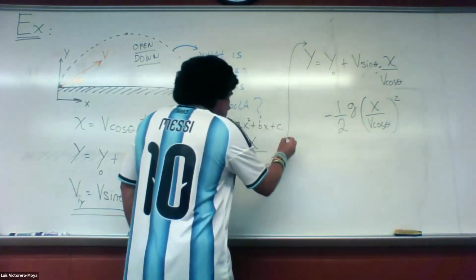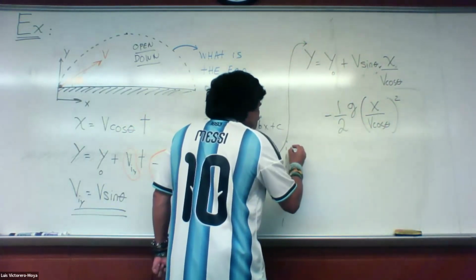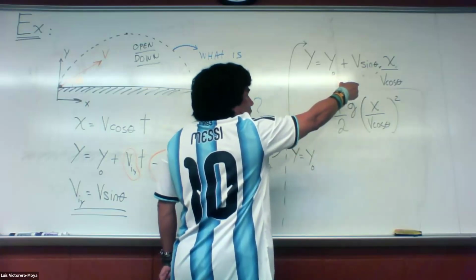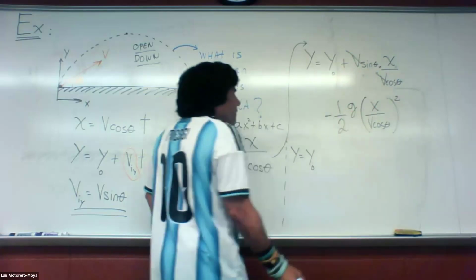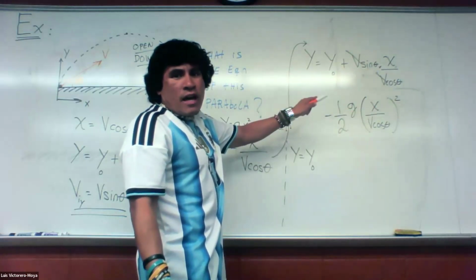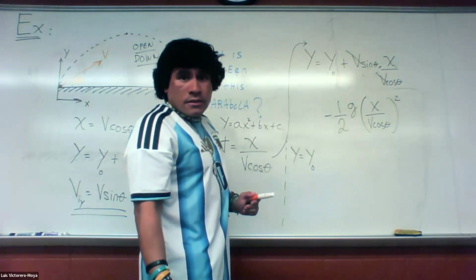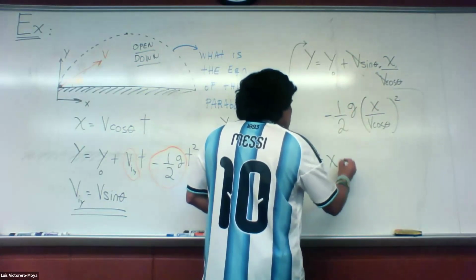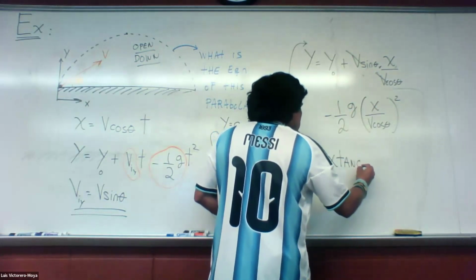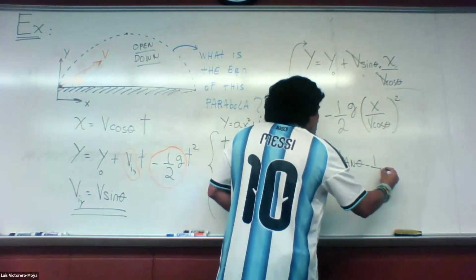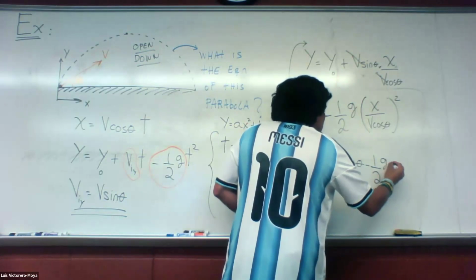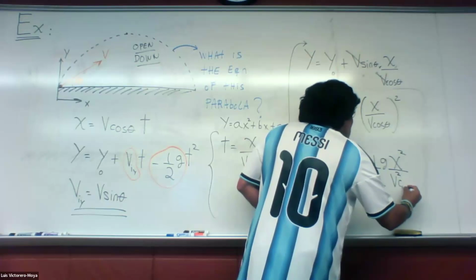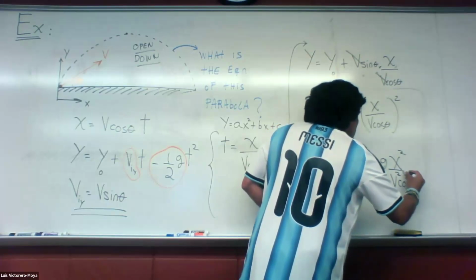All right. So y will be y initial. Here, if I do the algebra, v cancels with v. Sine over cosine is tangent, right? So I have plus x tangent of theta minus 1/2 gravity, look what we get, x squared over v squared cosine squared of theta.